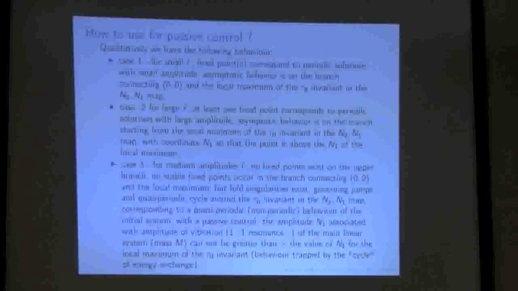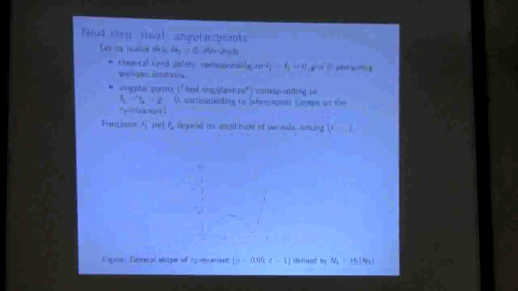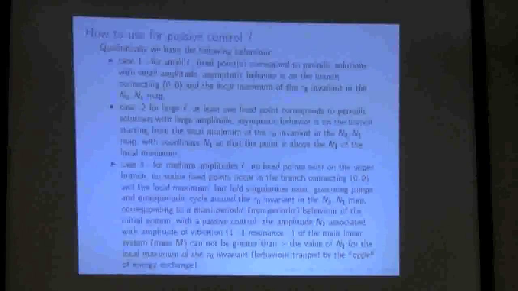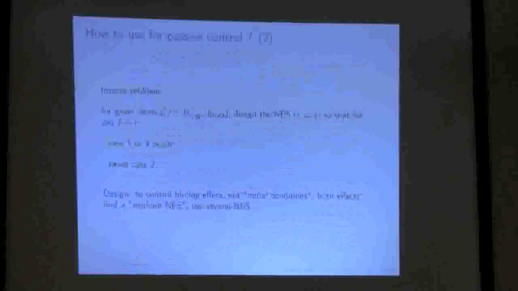It means we limit the amplitude of vibration of n1 because, in some sense, after a transient, you have evolution, but after that the system is trapped at a maximum value for n1 that is here, and it can also define the maximum value of vibration the system can accept without being destroyed. It is a way to make a design of an NES efficient for a given maximum value, let us say, of external forcing.